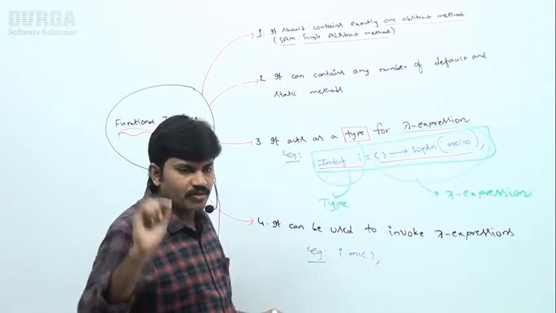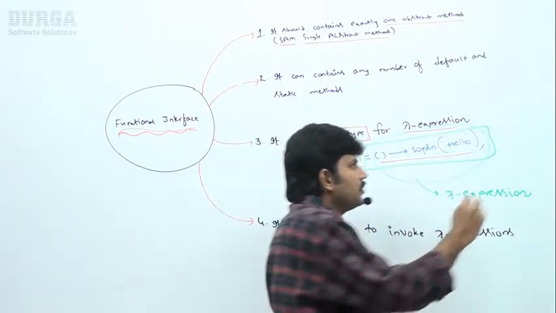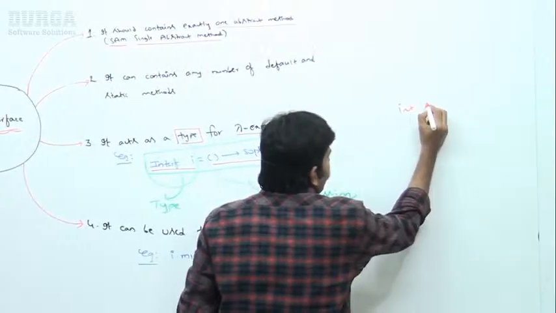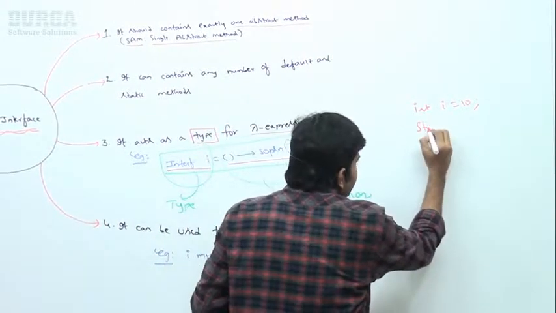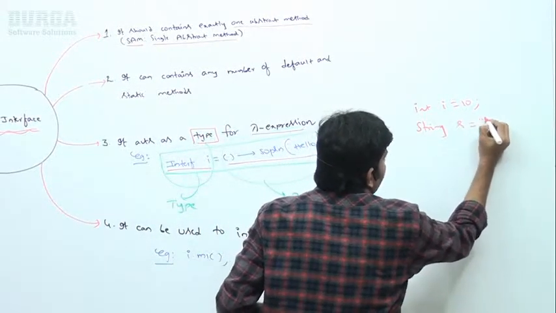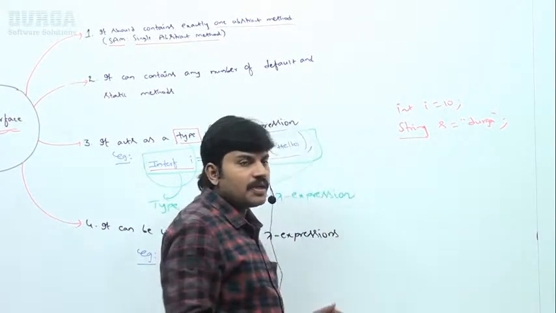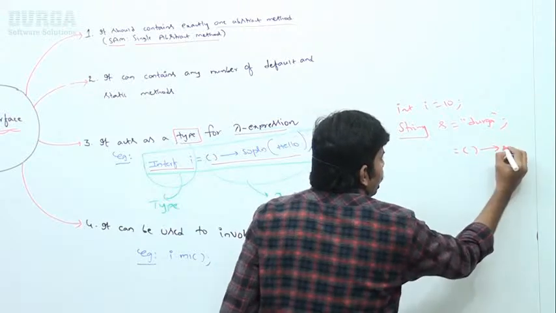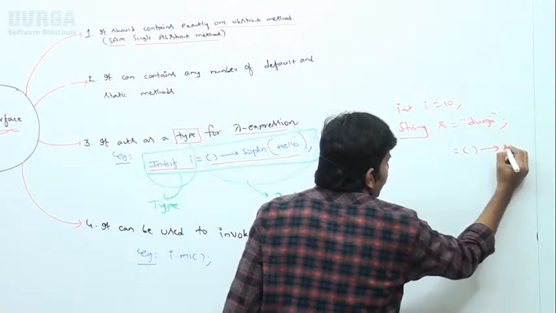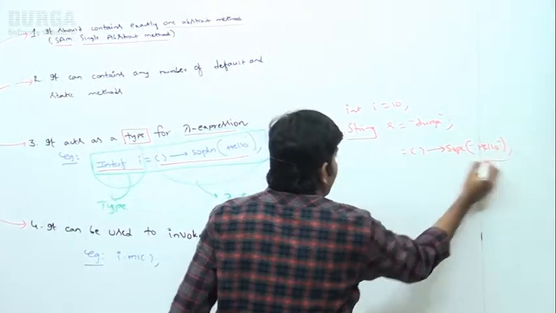Something like int i = 10. Sir, int i = 10. 10 is what type? Int type. Are you getting? String s = Durga. Sir, here Durga is what type? String type. Similarly, I have a lambda expression here. What is the type of this lambda expression?